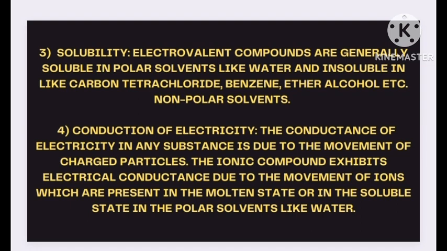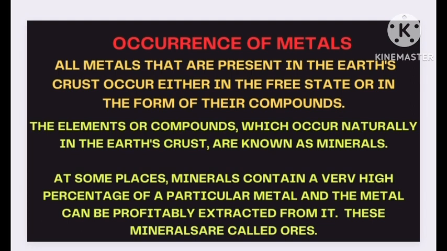Now let us discuss the occurrence of metals. Beta, from where do all these metals come? All metals that are present in the Earth's crust occur either in free state or in the form of their compounds. The elements or compounds which occur naturally in the earth crust are known as minerals. Now, minerals again is an important term.